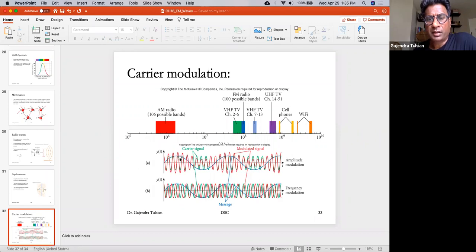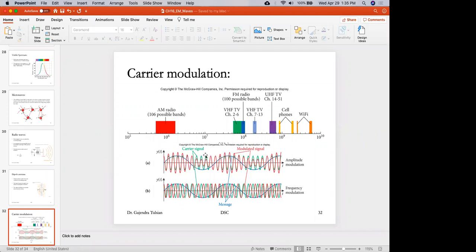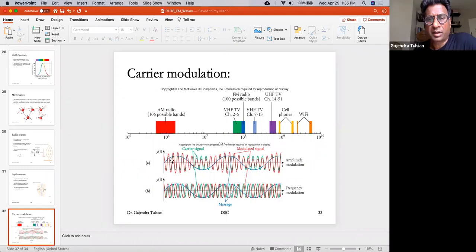So you imprint the information on the carrier signal, and now the carrier signal is modulated, and the red signal is the result, the modulated signal, and that's being transmitted. Okay, so that's how amplitude modulation works.